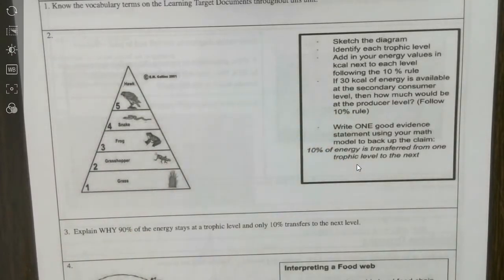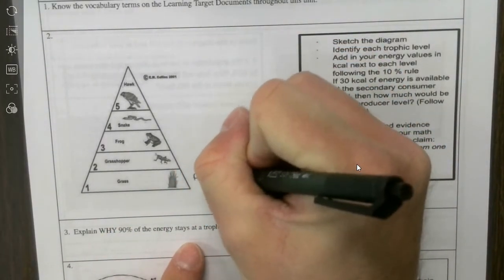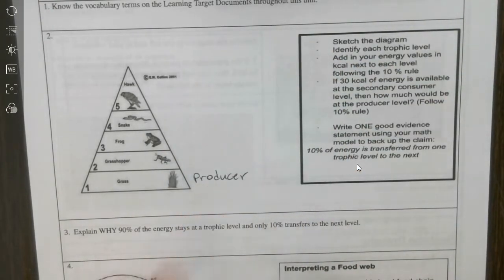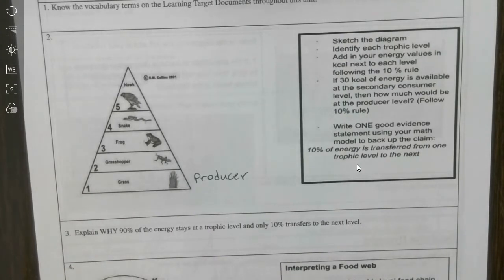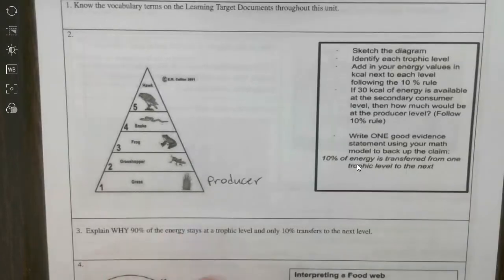Let's say, for example, at our bottom level, which let's go ahead and name here, because we do need to know what each of the trophic levels are called. The bottom is always going to be called the producer.